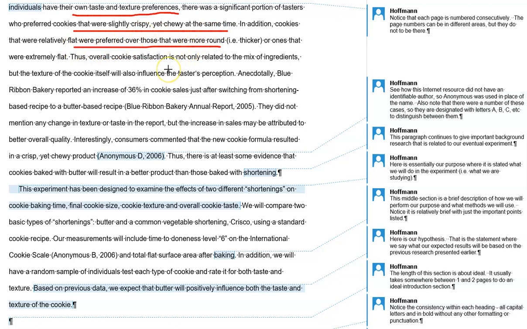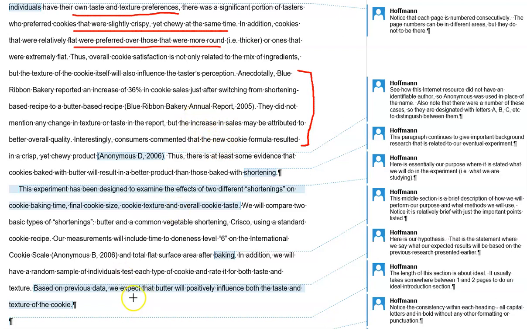So based on that criteria, which type of baking method would give you the ones that fit that the best? It also mentions an example where this company sold more cookies in terms of national sales based on moving from a shortening based to a butter based recipe. So that kind of gives you a nice background and things like that.